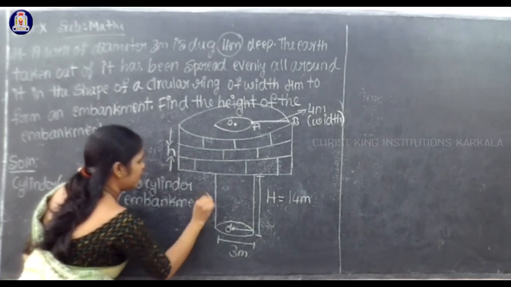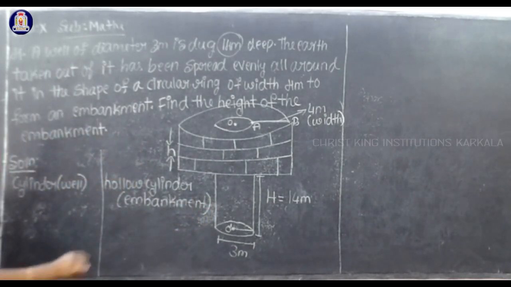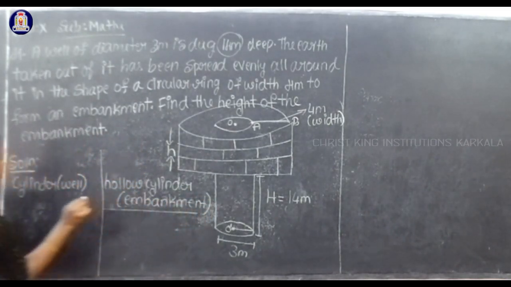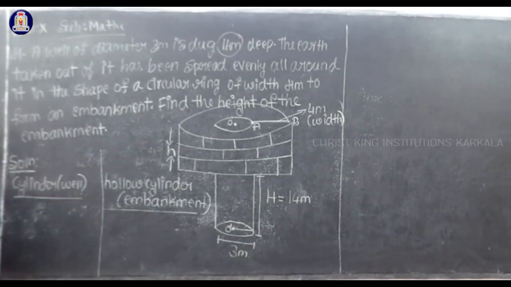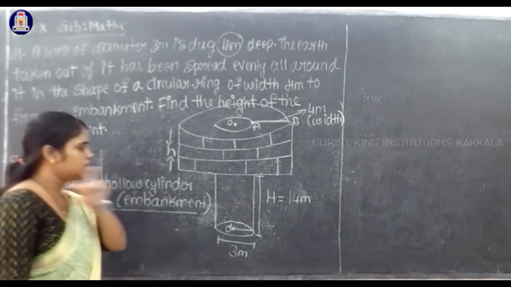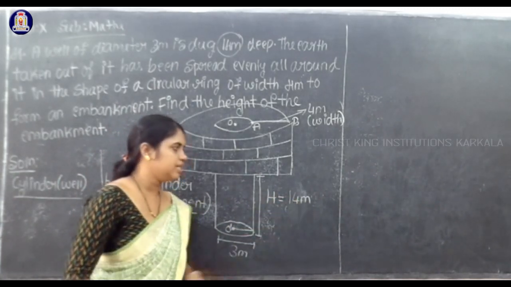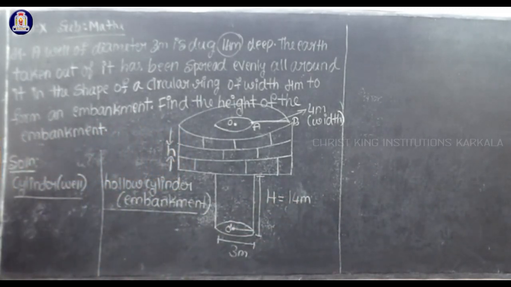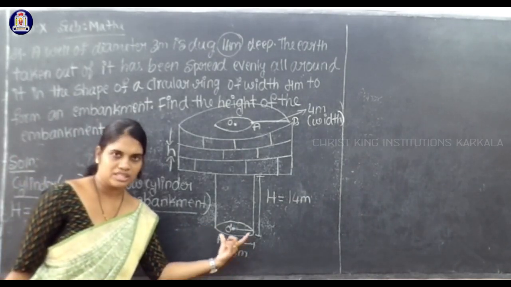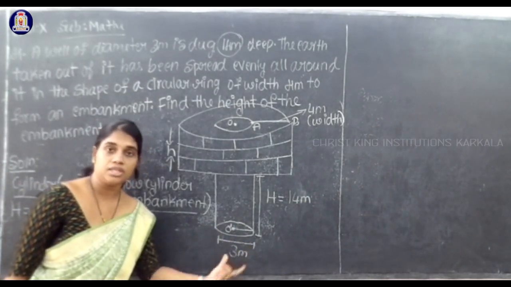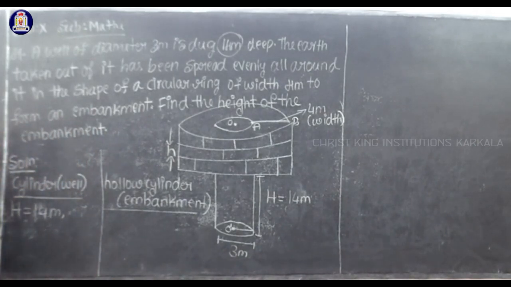Now we'll write the data which they have given here. For the cylinder, they have given the height. What about height? 40 meter. I'll represent it by capital letter H. So height is equal to 40 meter given, and also the diameter of this well. Diameter is equal to 3 meter.